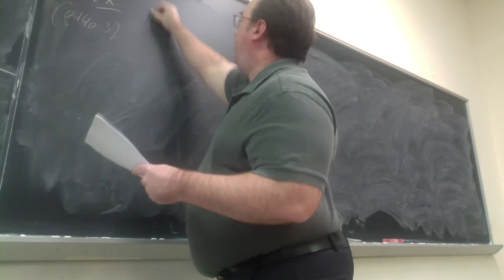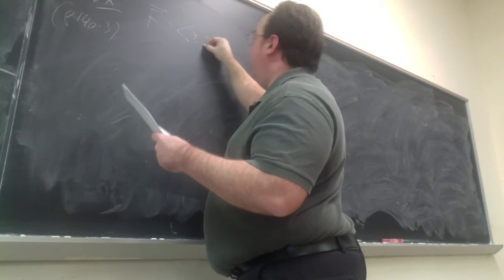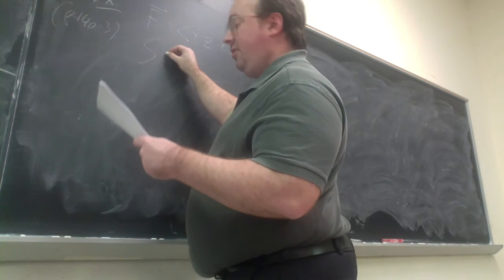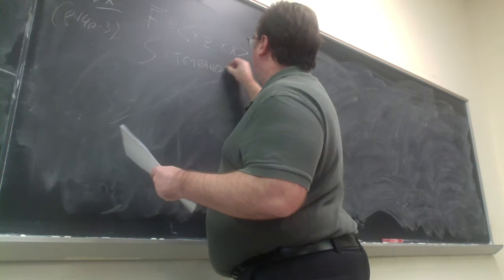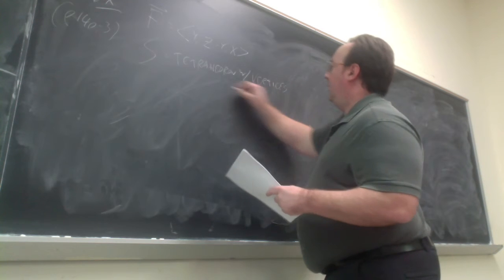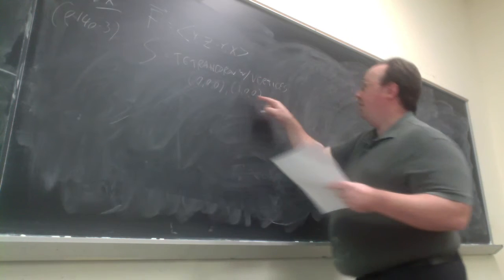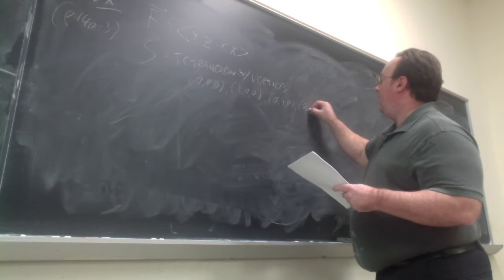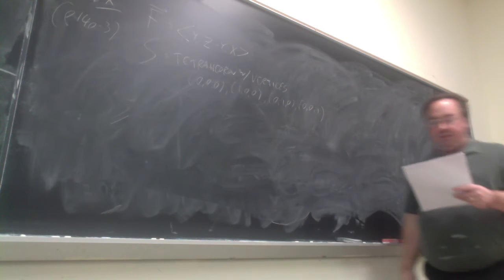All right, so suppose your vector field is y, z minus y, and x. And your surface S is the tetrahedron with these vertices: the origin, and then the vectors i, 1, 0, 0, j, and k. So I go one unit along each of the positive x, y, and z axes.